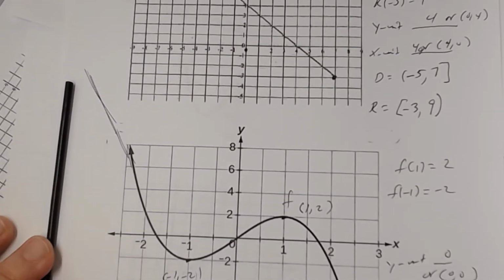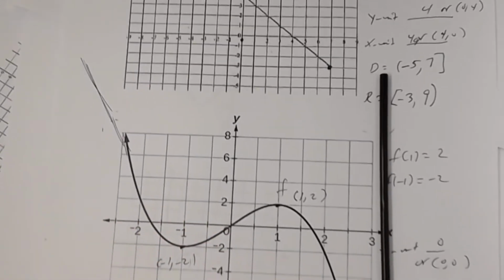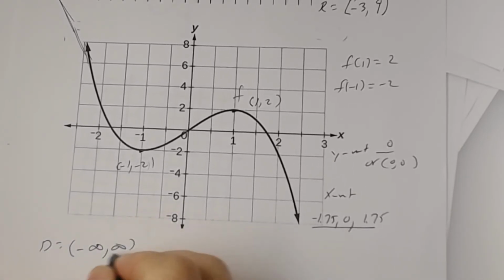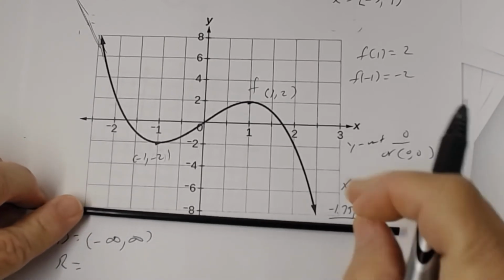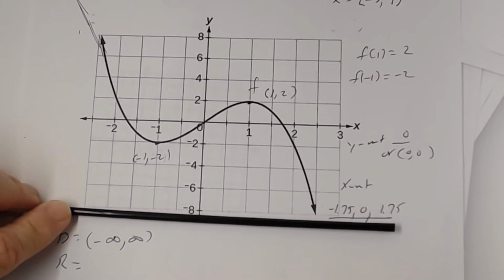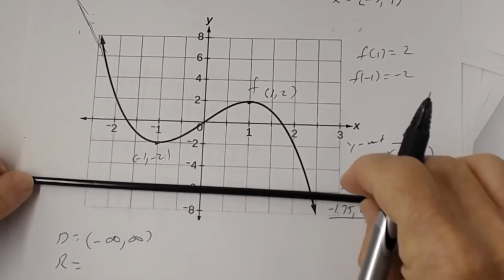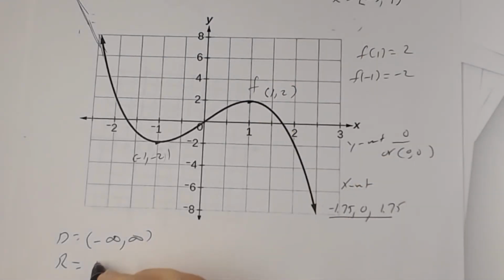So that's the idea from negative infinity all the way to what? Positive infinity. What about the range? Same thing. You keep on going down here, so there's no low point. There's no lowest point. So it's from negative infinity, and there's no highest point. It just keeps on going to what? Positive infinity.